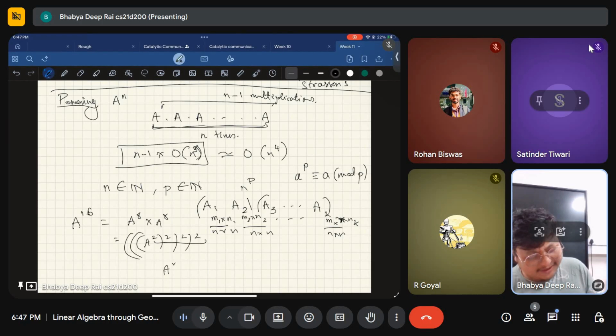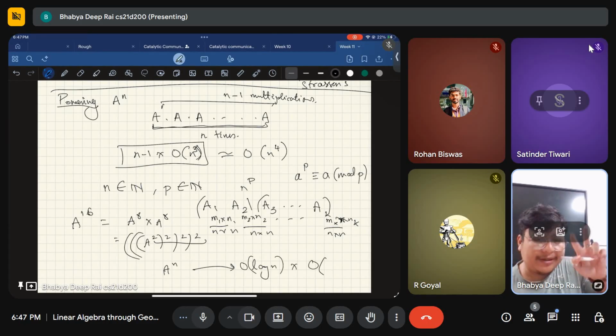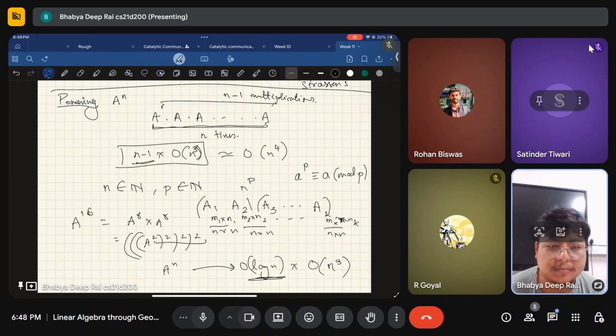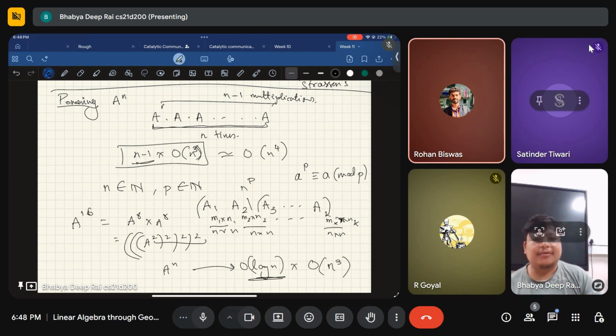So if I have A to the n, I need to power it order log n many times, times whatever every squaring will take, which is order n cube. So we've improved the bound. That's clear, right? Yes, sir.